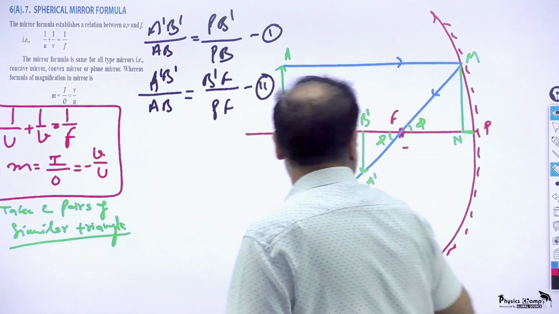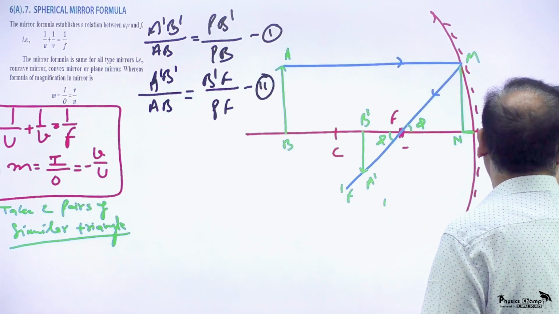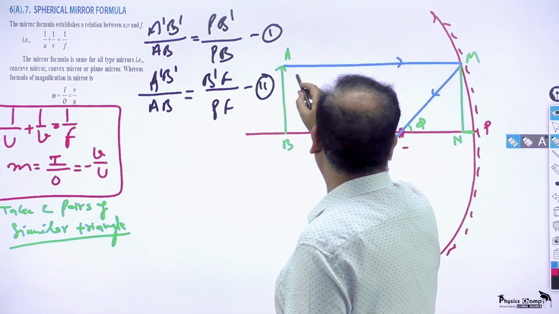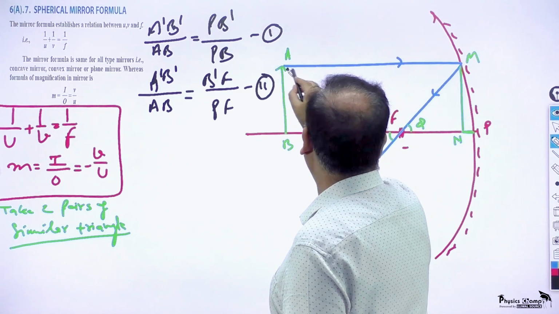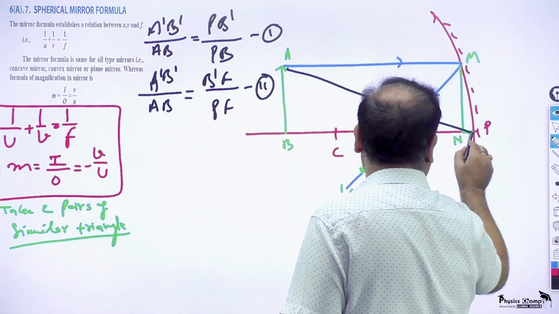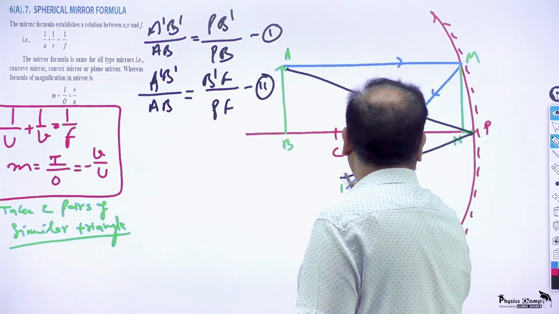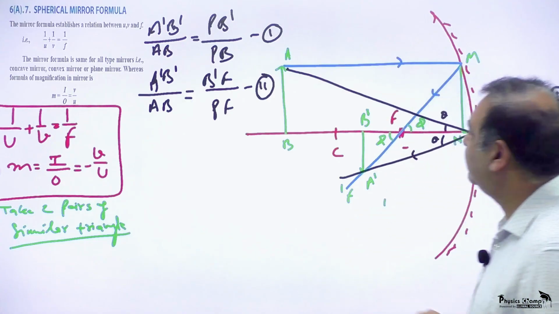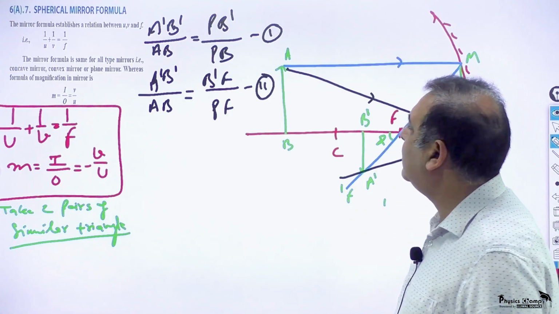And I will draw back this line just for your convenience so that you can always recall it was the same angle theta. Now compare this equation 1 and 2. What we get?